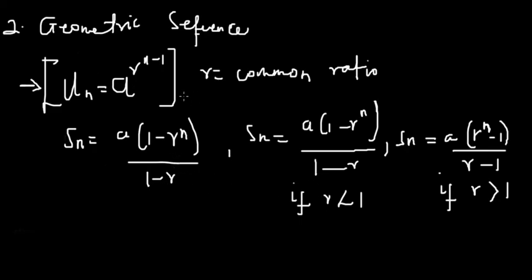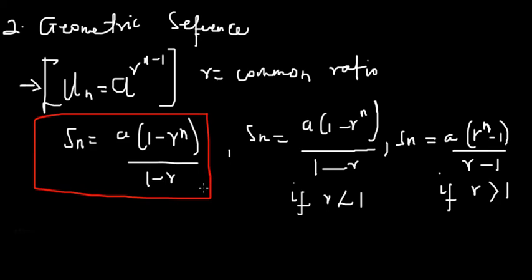Now, whenever you are given the question, you first have to calculate the common ratio. The common ratio will enable you to know which summation formula to use. So first, this is the general formula. Once you calculate the common ratio, if it is less than 1, this is the formula you'll be using.